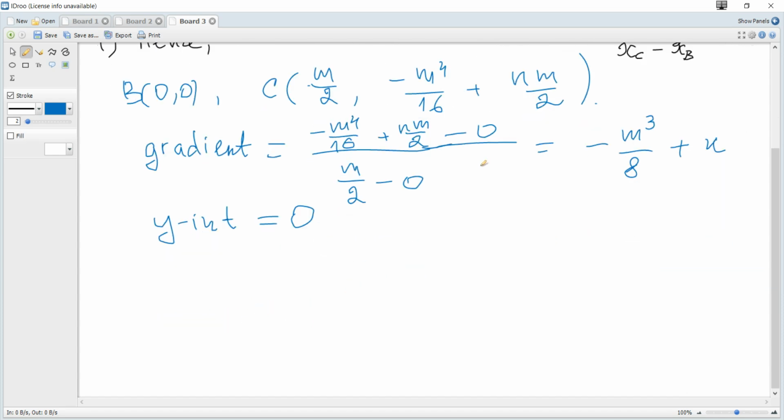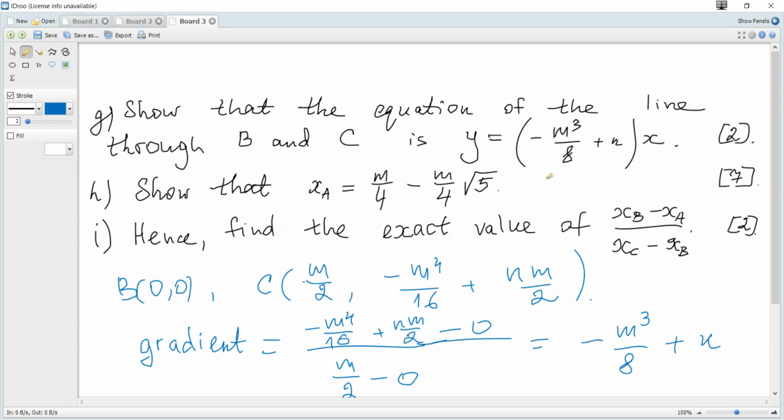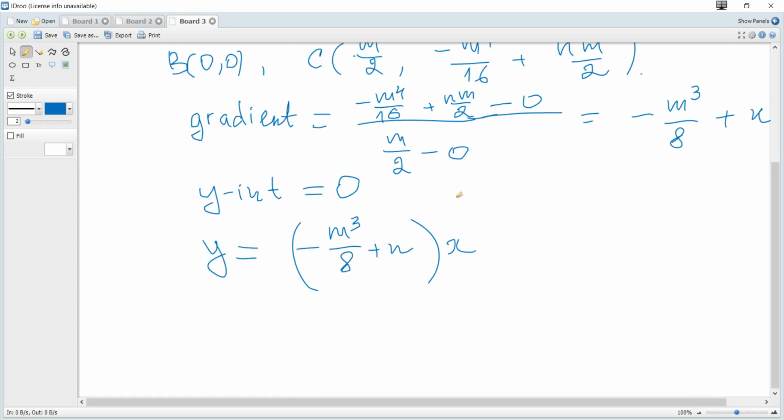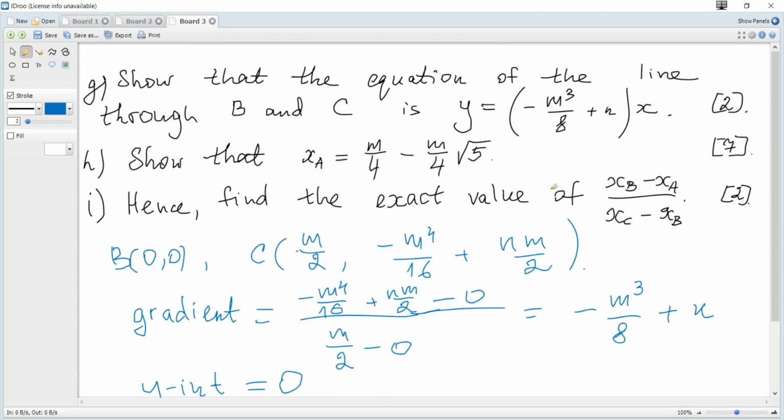Similarly to the previous question, you write y is negative m cubed over 8 plus n, times x, and you should emphasize that the y-intercept is 0, so you write plus 0 here because the answer is given and your question is to show that. So we get it as required.